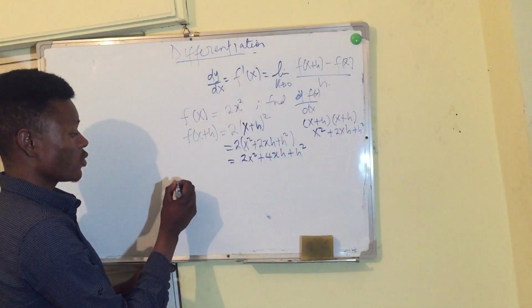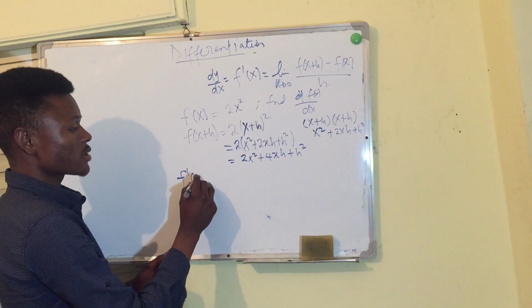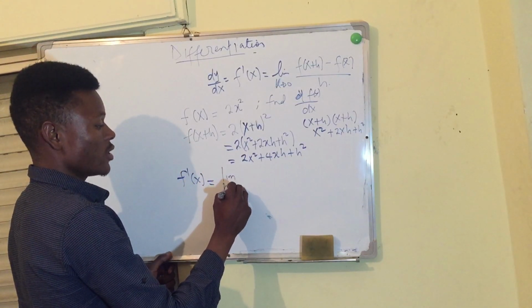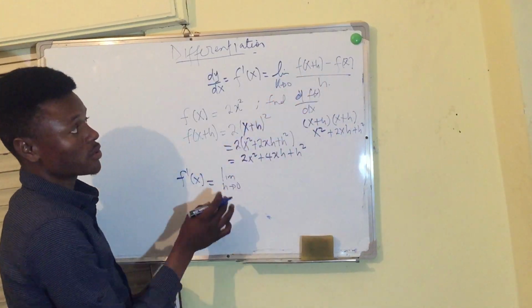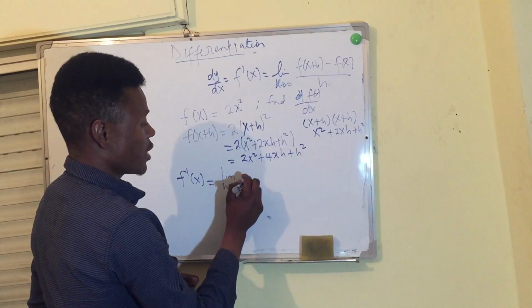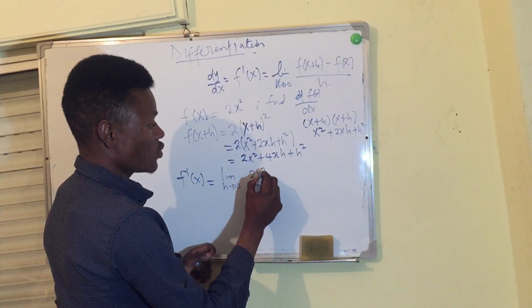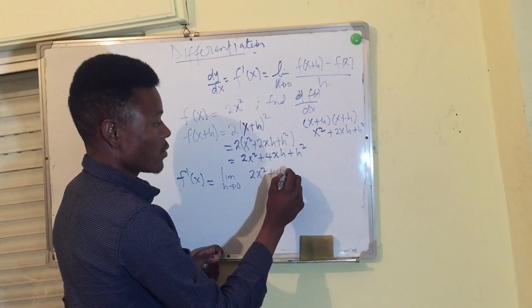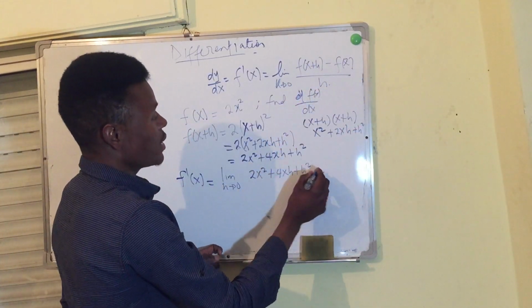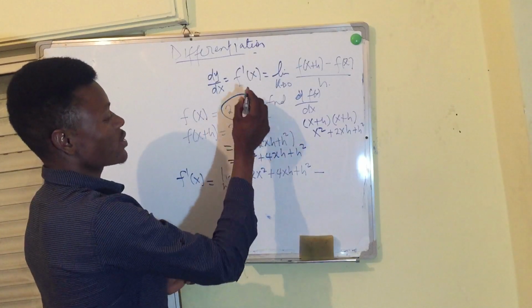Sai mu apply wancan rule ɗin. Ta ce f prime of x is something as the limit of h of this function as h approaches 0 of f of x plus h kuma mun san wannan ne. So we will say 2x squared plus 4xh plus h squared, then minus f of x, and our f of x is 2x squared.